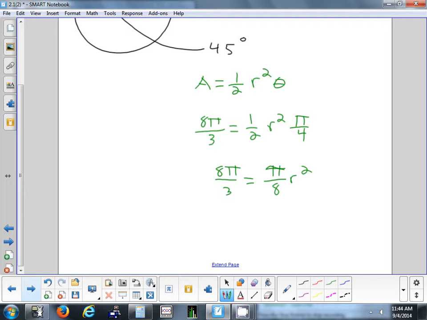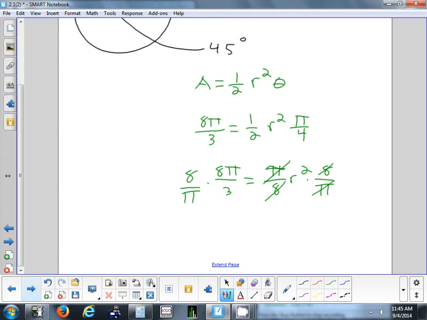What can you multiply each side by to get the pi and the 8 on the other side at the same time? The reciprocal. Okay, what's the reciprocal of pi over 8? 8 over pi. And 8 over pi, it's going to cancel the pi's, and that's going to cancel the 8's.